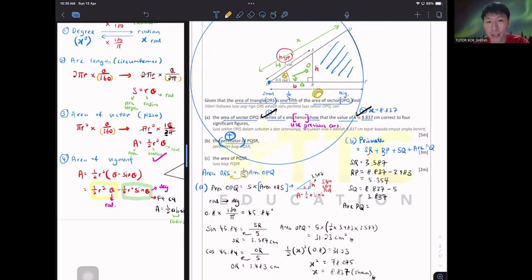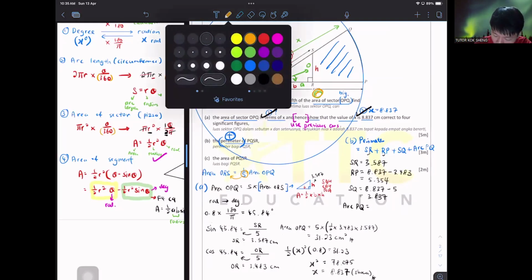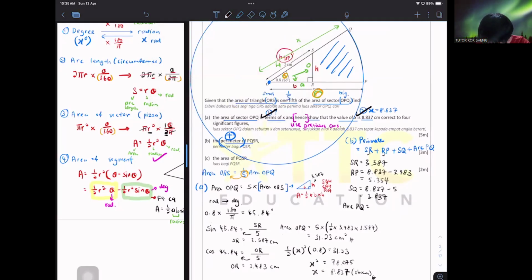Theta also the same, 0.8. Easy. Radius is 8.837, followed by theta 0.8 radian. So find the answer for this and then later we add all these four answers. 8.837 times 0.8.